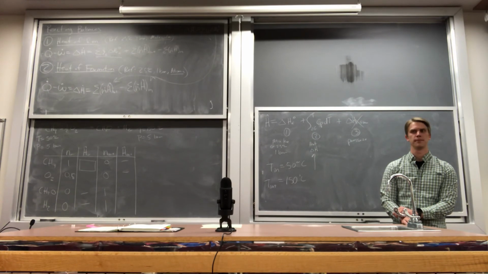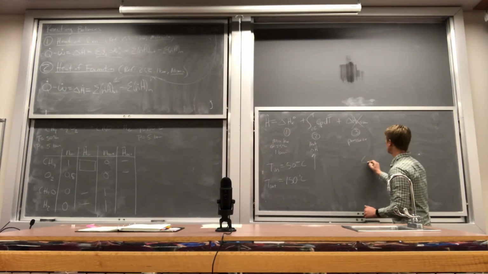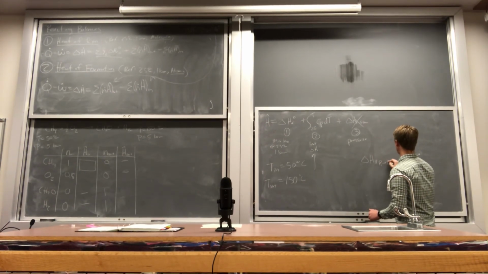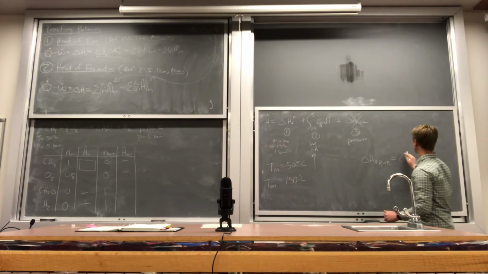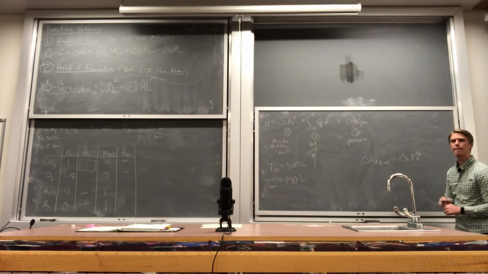Sorry, how do you keep track of it for a liquid? So delta H for a liquid going from P1 to P2 is going to be delta PV.